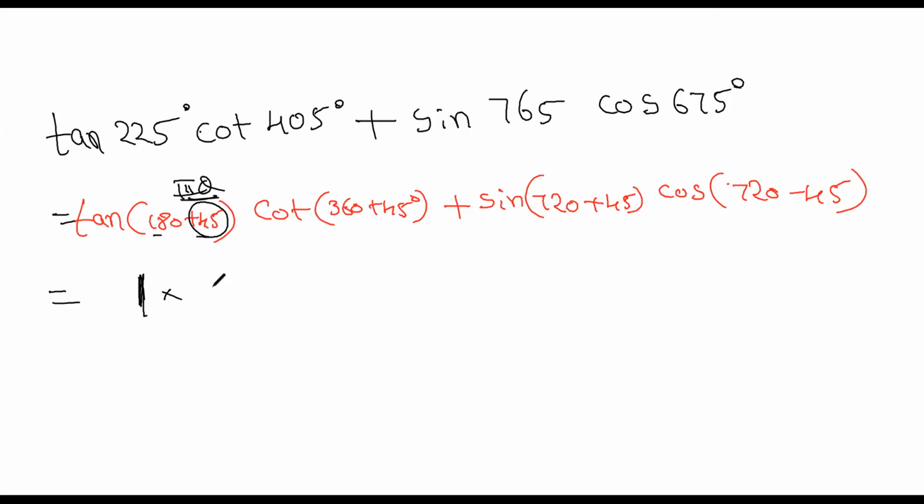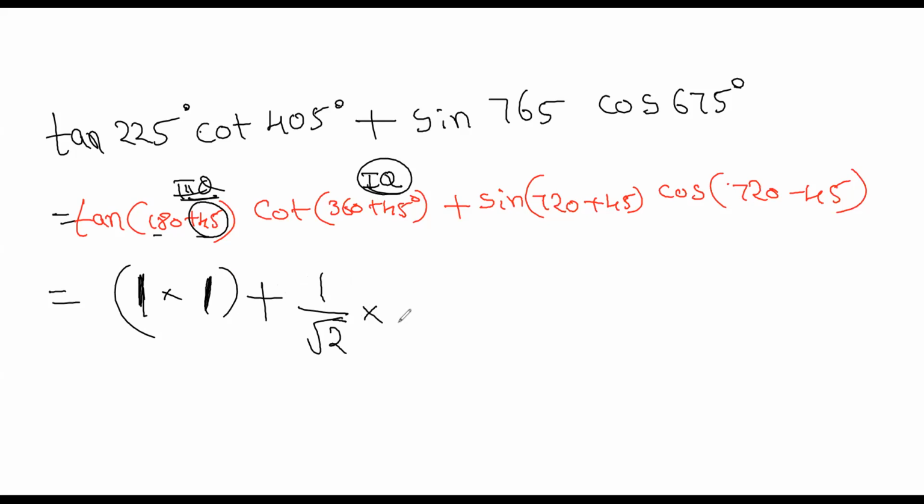The second one, cot 45, will be plus 1 again, because it's in the first quadrant, and in the first quadrant all are positive. Then it will be multiplied by positive 1 by root 2.